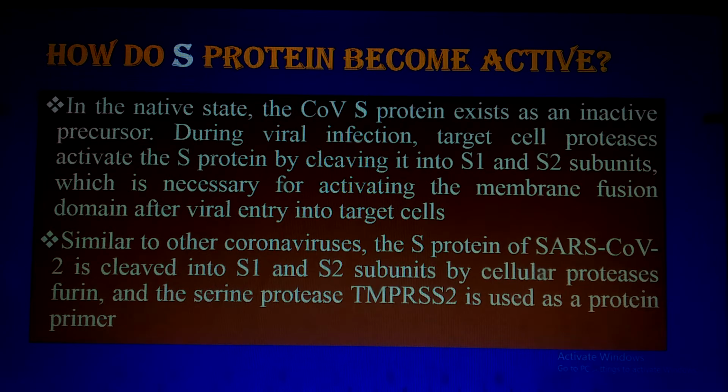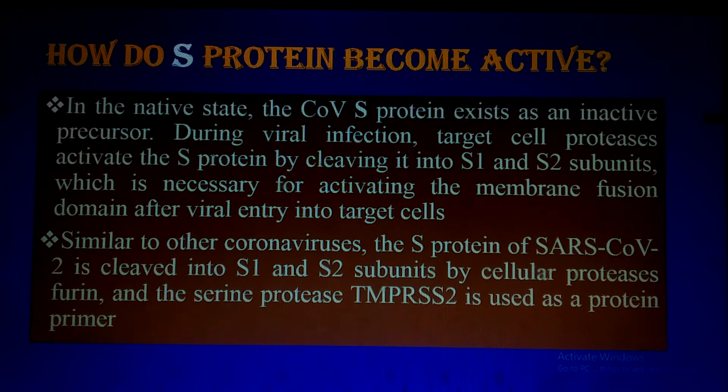In the native state, the coronavirus S protein exists as an inactive precursor. They exist as inactive precursors when the coronavirus does not enter the host body, like the human body.